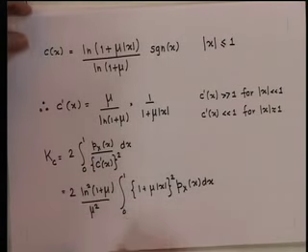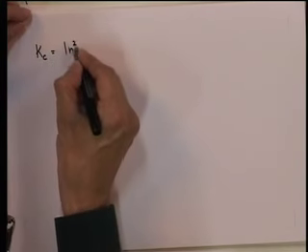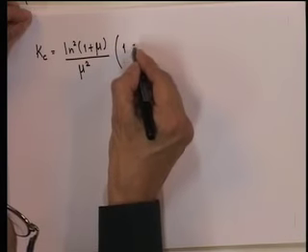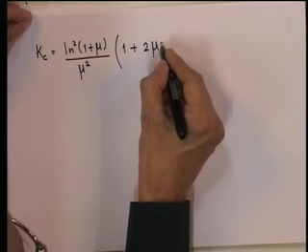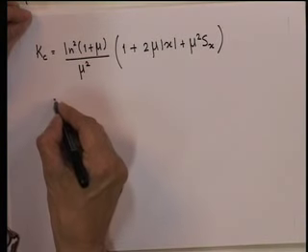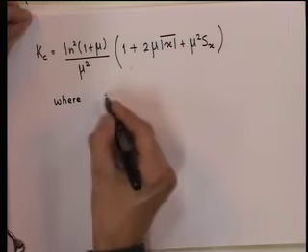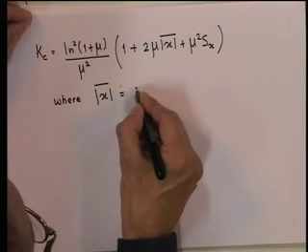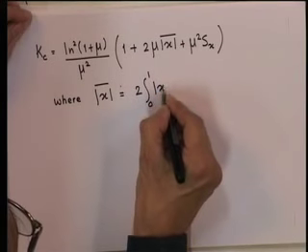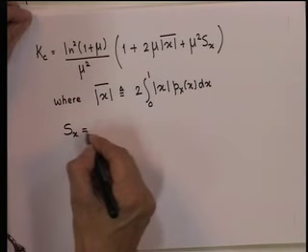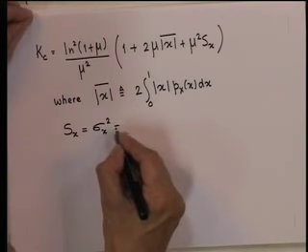And it can be very easily shown that this expression reduces to K c is equal to log squared 1 plus mu by mu squared times 1 plus 2 mu mod x plus mu squared S x, where average of mod x is, by definition, twice the integral, and S x is the input variance, which is equal to the integral.